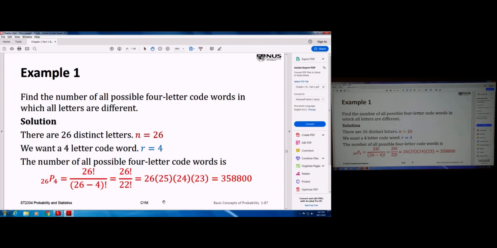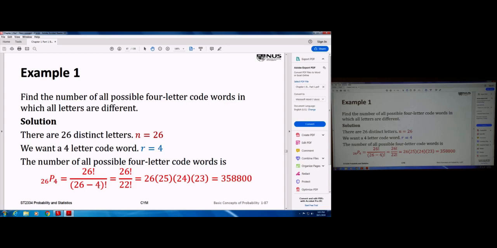So the number of possible code words of length 4 that I could choose is 26 factorial over 26 minus 4 factorial. Here we do care about the order: X, Y, Z, A is different from A, X, Y, Z, for example, and we count those as 2 distinct words.